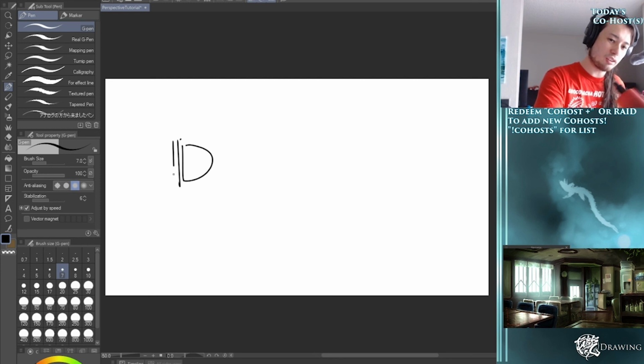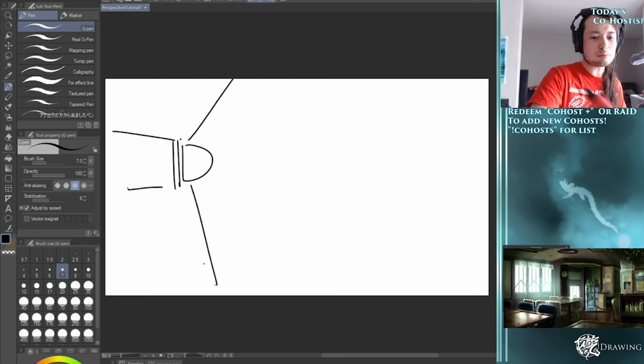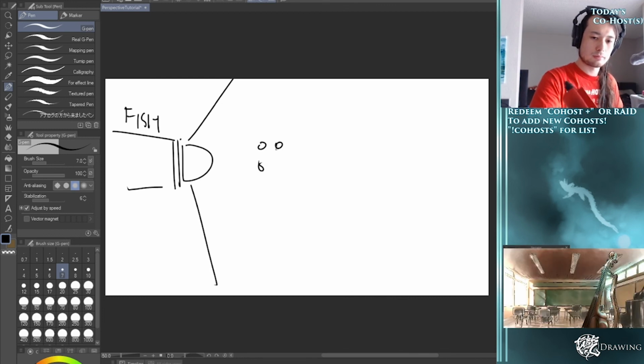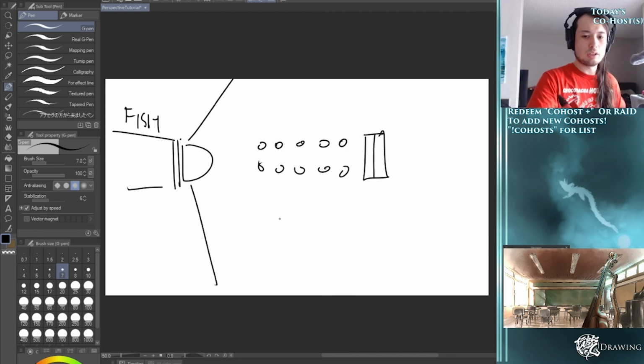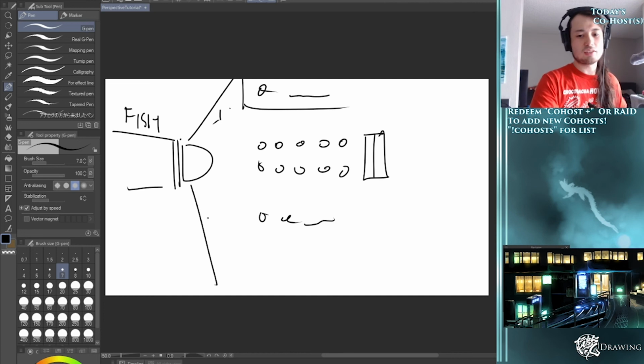The fisheye lens is capturing everything around here. You've got your trees, you've got your temple, but it's also going to get these trees, it's going to get the street, it's going to get everything.